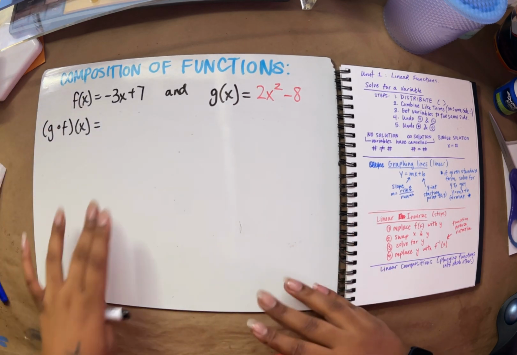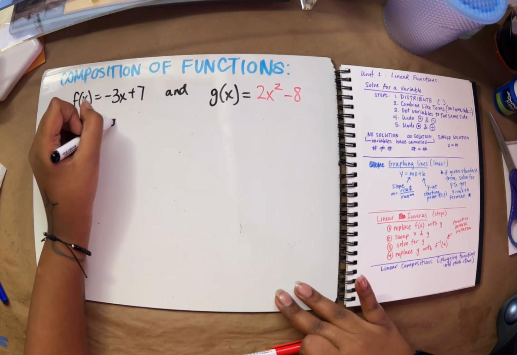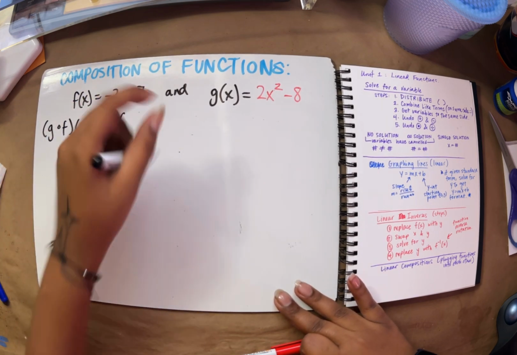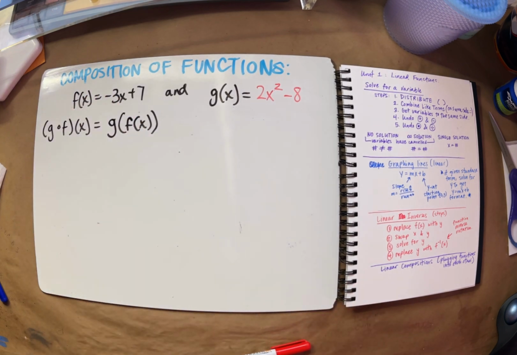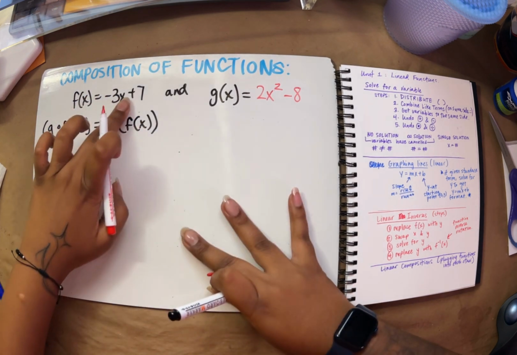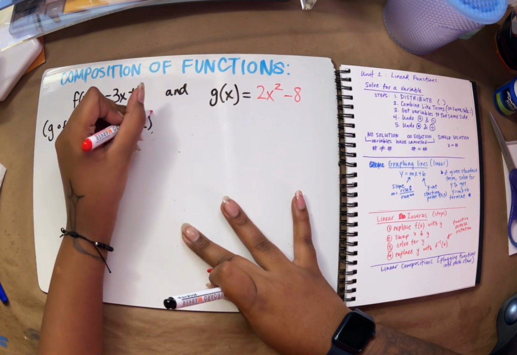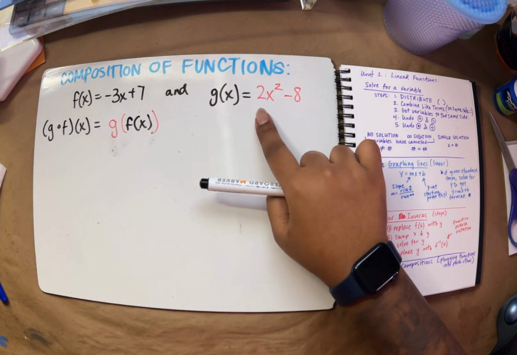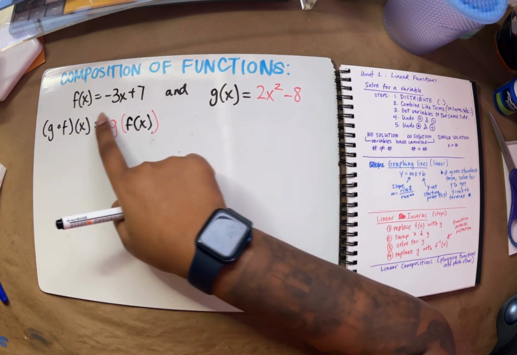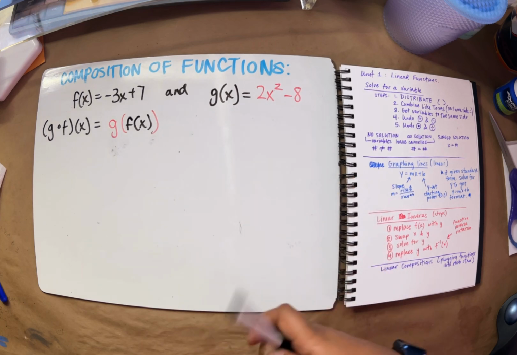As a reminder, this can get changed into the other format if that's what you like. G of f of x. So my f of x is going to go inside. I'm going to use red to show my g of x. So I have g of f of x. So my g function is going to be my skeleton, while my f of x is going to be replacing my x value in here.